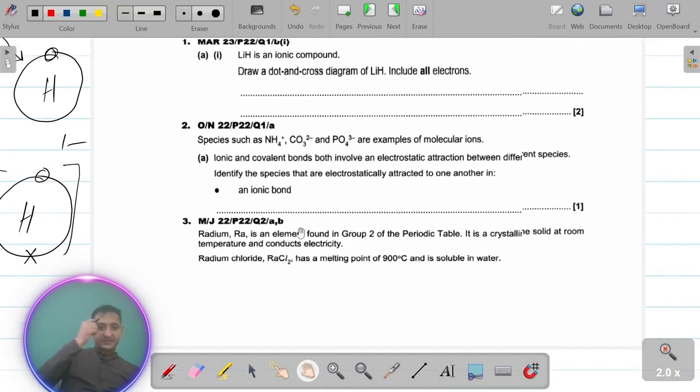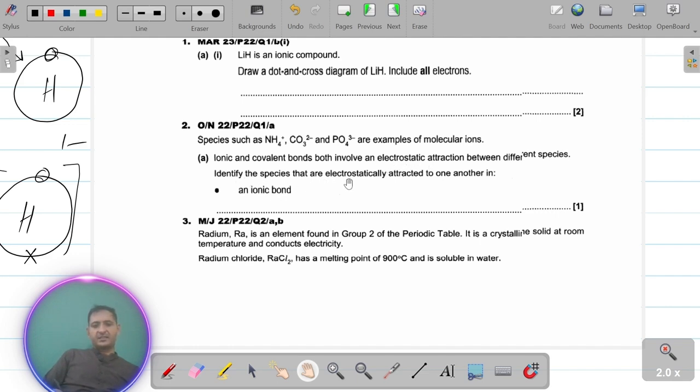Species such as ammonium, carbonate and phosphate are examples of molecular ions. Identify the species. We have to figure out which species are ionic or covalent. Which one is making an oppositely charged ion? Cation and anion.